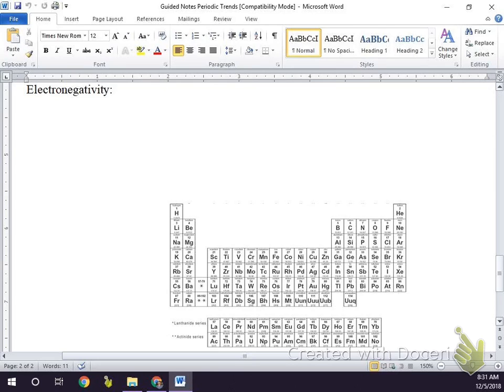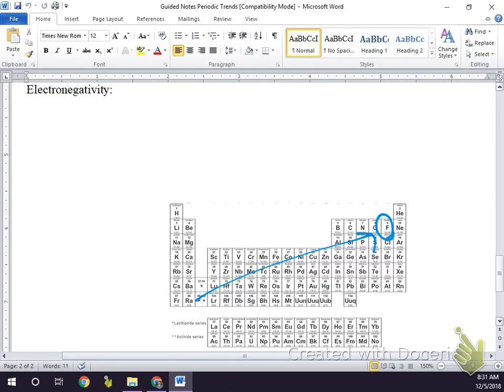So electronegativity is really the simplest trend. It increases as you move toward fluorine. And that scale is on page 161. 161. Okay, so you see here most of those noble gases, at least the first 3, don't have electronegativity values because they don't want to take electrons from anyone, right?